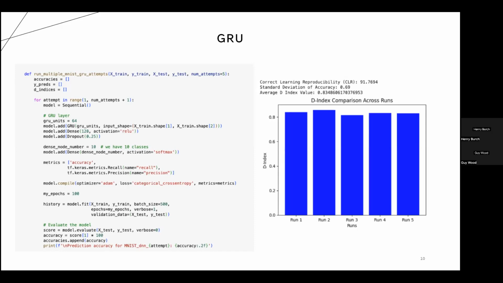Then finally, we close off our model with a dense layer with 10 neurons because our data set has 10 classes. And then again, ran that model for 100 epochs and ran it 5 times. And then we can see our correct learning reproducibility, our standard deviation of accuracy, and our average d-index value. And then also we plotted each d-index value for each run.